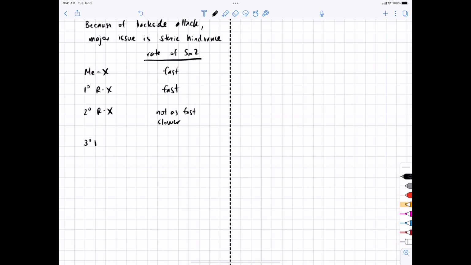And for tertiary alkyl halides, too slow to observe. In other words, we don't see any SN2 products for tertiary alkyl halides. And the reason for this is, again, steric hindrance.